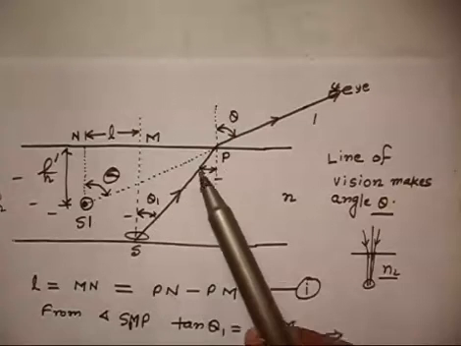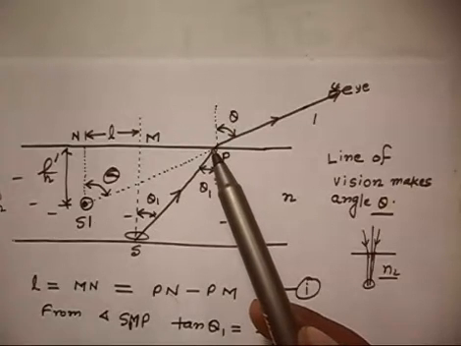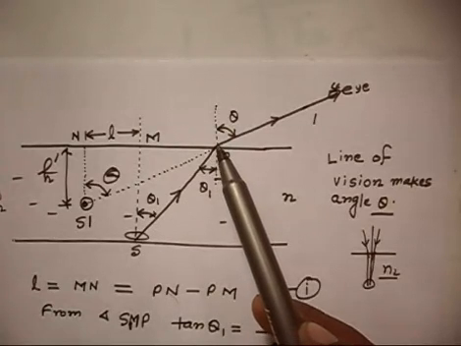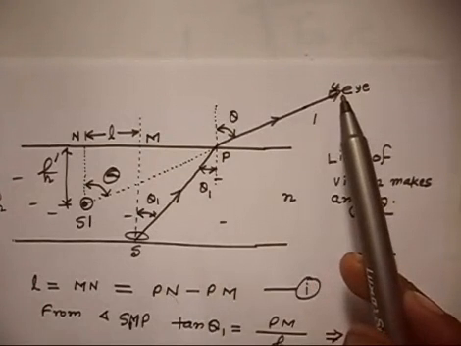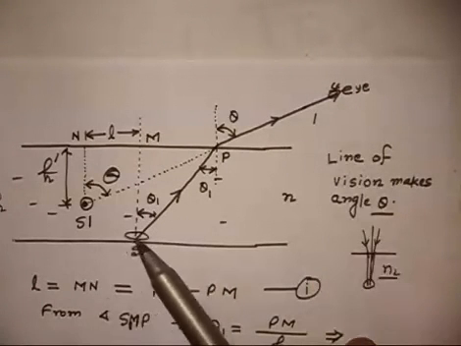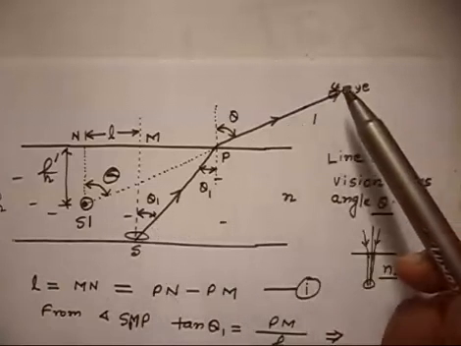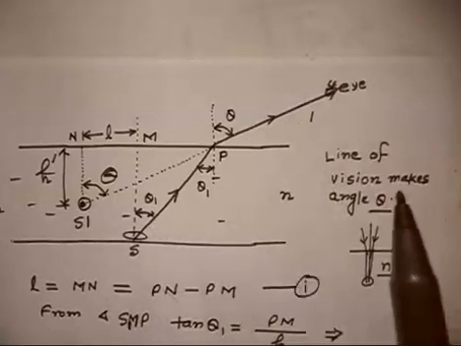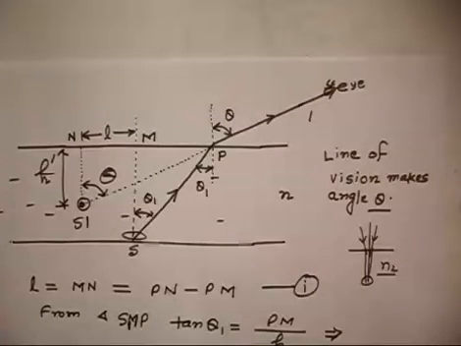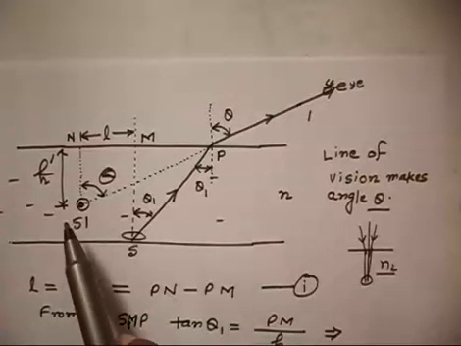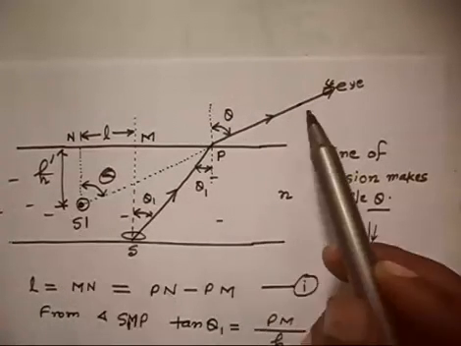A ray coming from the stone comes at point P, and then after refraction this goes to the eye. In the next figure I will show you again, there is another ray that is coming from here and this goes to the eye. So I am only considering the first ray. There are two rays I have to consider for any image to be formed. So this image I cannot form due to only one ray.